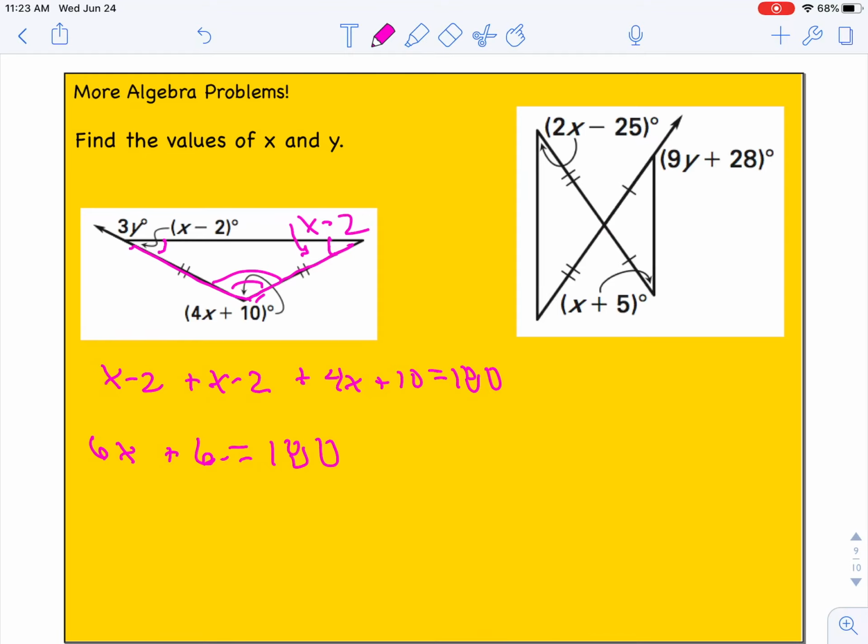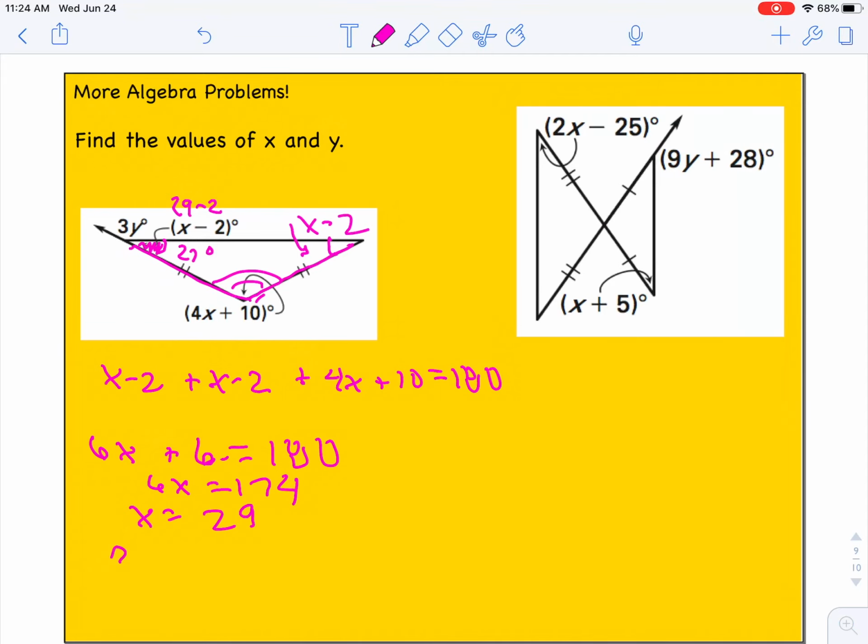Solve for x, and we're going to get x equals 29, because we subtract 6 and get 6x equals 174. So we found the value of x. Now I can plug x in right here, and this would be 29 minus 2, so it makes this angle right here 27 degrees.